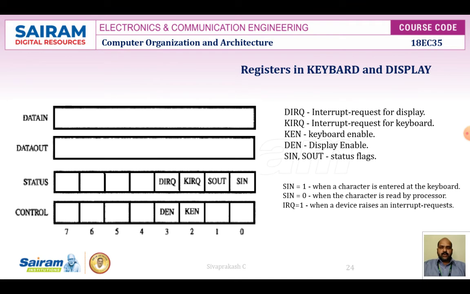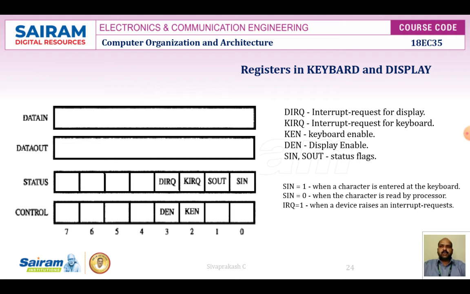We use a register in the keyboard or a display. Polling is a process where the information needed to determine whether a device is requesting an interrupt is available in the status register. Here, for the keyboard and display, we follow a few codes: DIRQ, the interrupt request for display; KIRQ, the interrupt request for keyboard; and the interrupt enable bits, keyboard enable and display enable, along with the status flags.